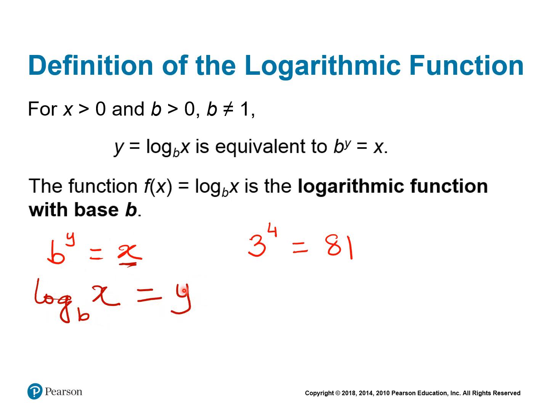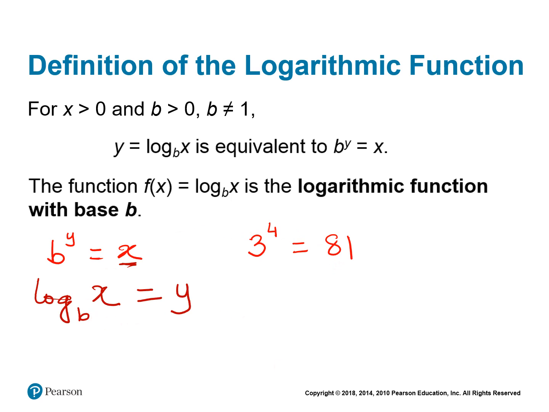So the exponent must be on the other side of the equal sign. So the base value goes as a subscript of the word log, and next to log base b we put x, which is the evaluated value of the exponent, and then an equal sign followed by the exponent value. All right, so let's convert 3 to the power 4 equals 81 into the logarithmic form.